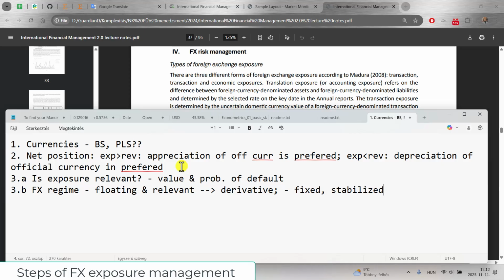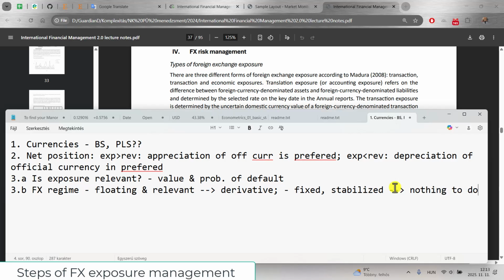Or some of these derivatives are not available, so not officially banned, just banks will not provide this. Or if it's fixed, then it's irrational to do anything because it's already fixed. So with the derivative, we can fix the exchange rate. If it's officially fixed or stabilized, then we have the same result. So in this case, we have nothing to do.